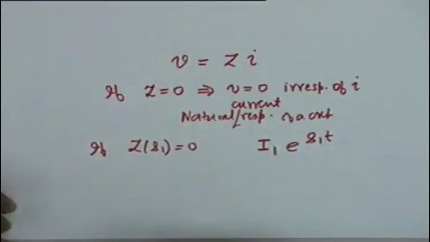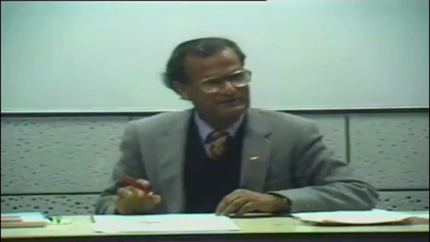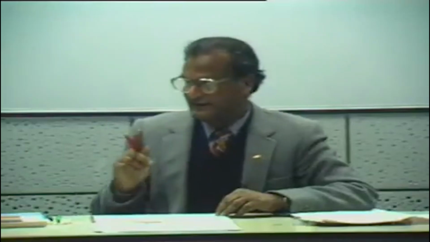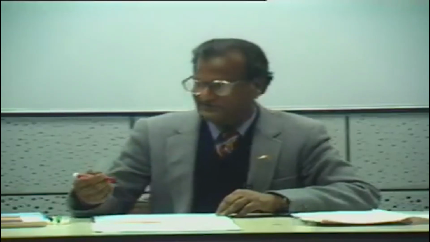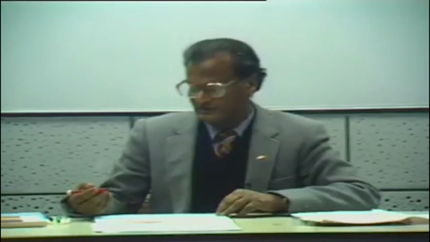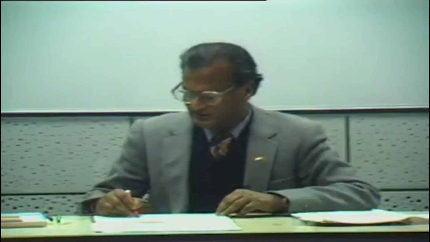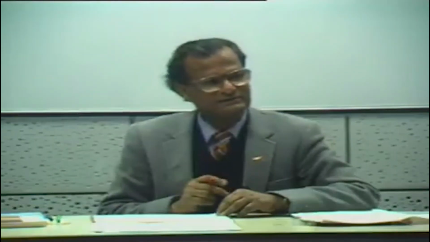The concept is that we start from this relation and we say that if Z is 0 at some value of s, then that s must have some relation to the natural response of a circuit. And we have seen in the examples that we have worked out that the natural response is of the form of e to the st. Natural response, for example, for a second order circuit, it was a1 e to the s1t plus a2 e to the s2t.